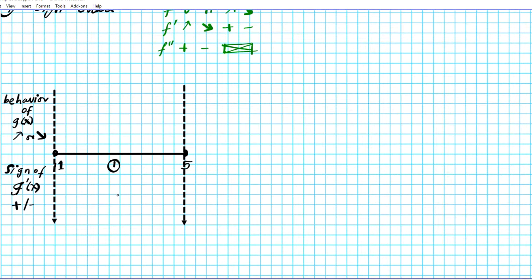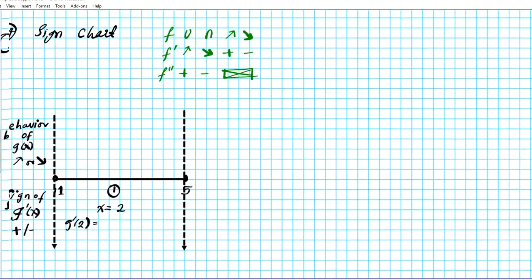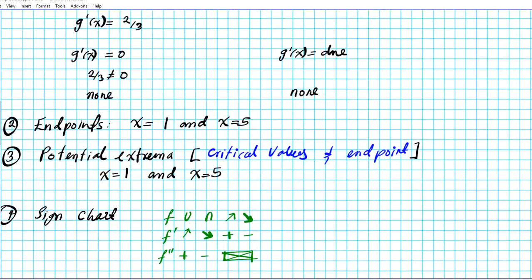Let's pick a value. Let's use x equals 2. So the question is, what's the sign of the derivative when x is equal to 2? So we're looking for g prime of 2. We know that g prime of x is 2/3. We already did that, right?